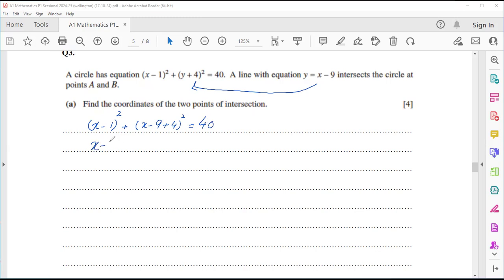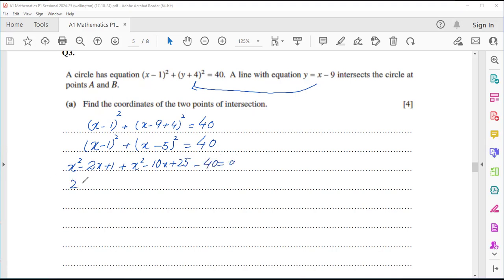So this becomes (x minus 1) whole square. Write these positive terms. So (x minus 5) whole square, if I'm not wrong, that becomes 40. Expand this whole square, you will get x square minus 2x plus 1 plus x square minus 10x plus 25 and minus 40 equal to 0.